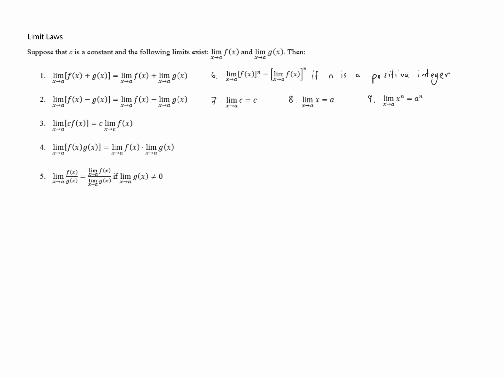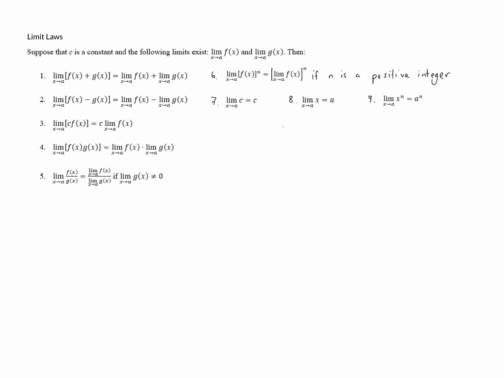We get that by taking this limit that we already know and plugging it in here. The limit as x approaches a of x to the n is just that limit, which is a to the nth power. Now, this is going to end up being very useful along with these rules if we want to look at limits of polynomial functions.